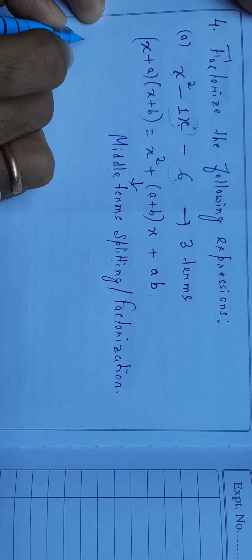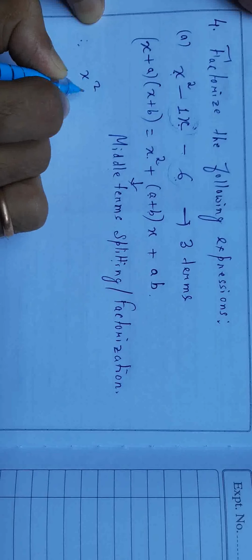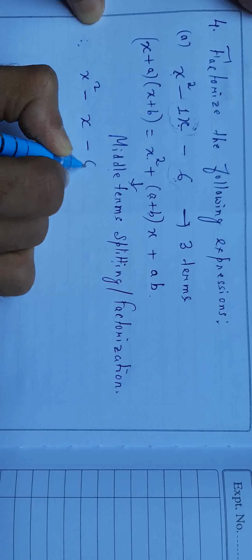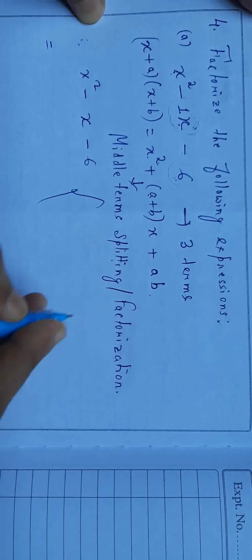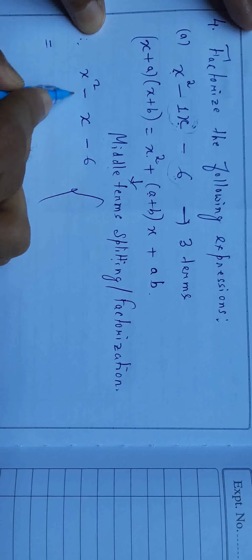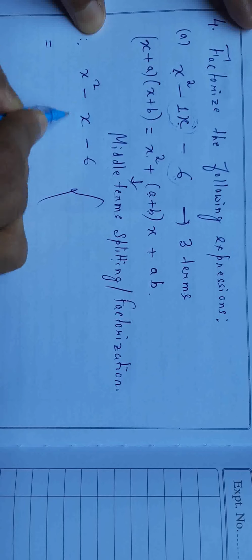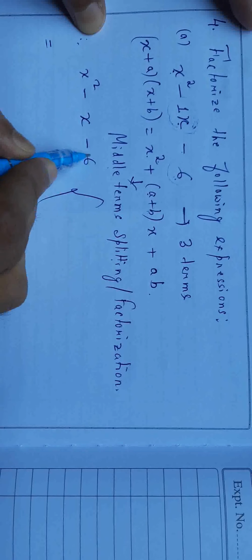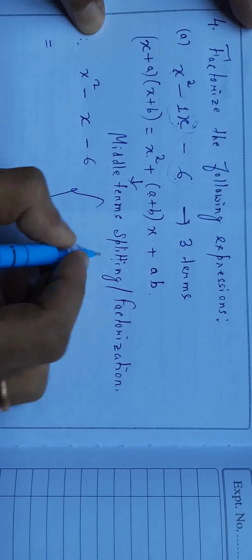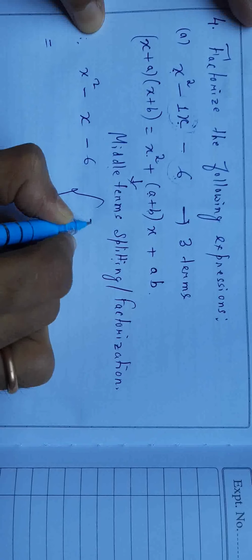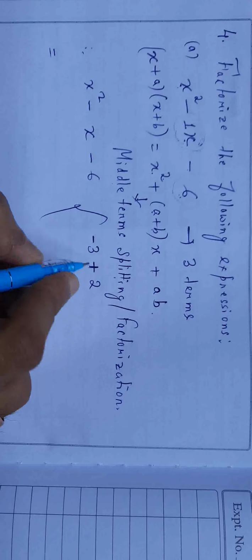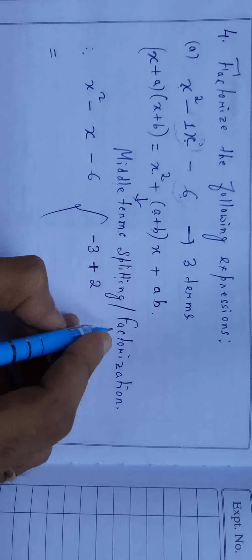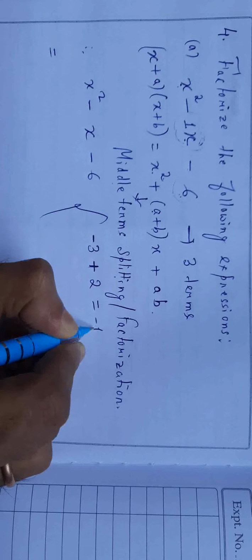So x square minus x minus 6 can be rewritten as, now if we go for two numbers where adding will give me minus 1x and the product of the two numbers will give me minus 6, so we can write minus 3 plus 2, so we get minus 1.